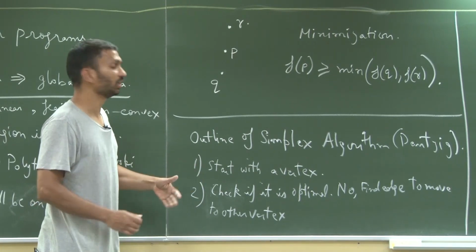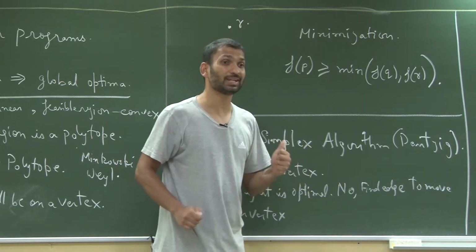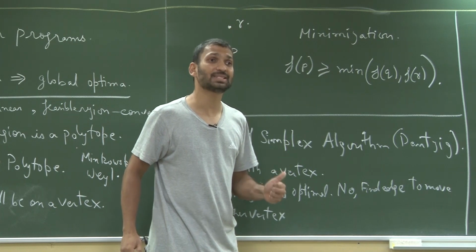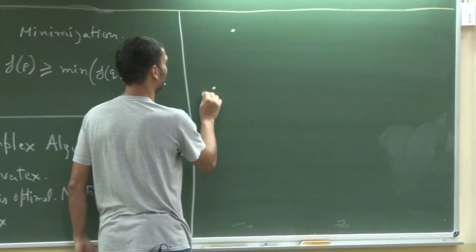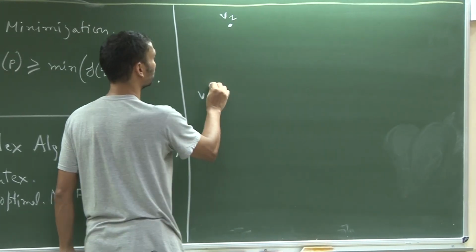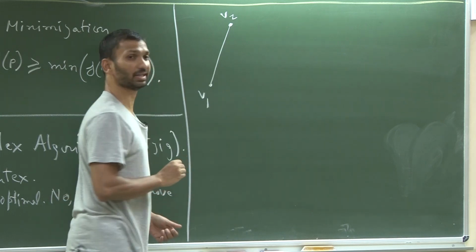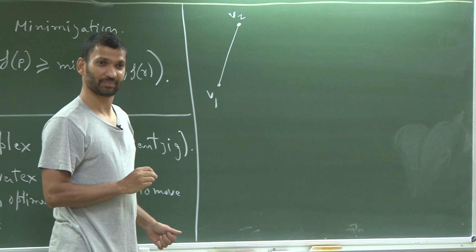But if we can check, and it is not optimal, then there has to be an edge. Notice I am not saying direction now. I am saying an edge. Why can I say edge? But why should this be an increasing direction? If both are increasing, then it will be optimal.